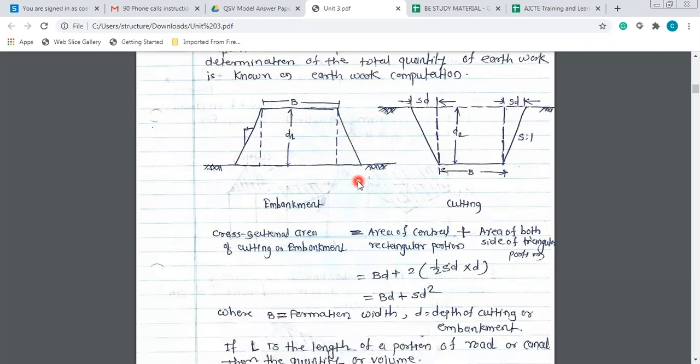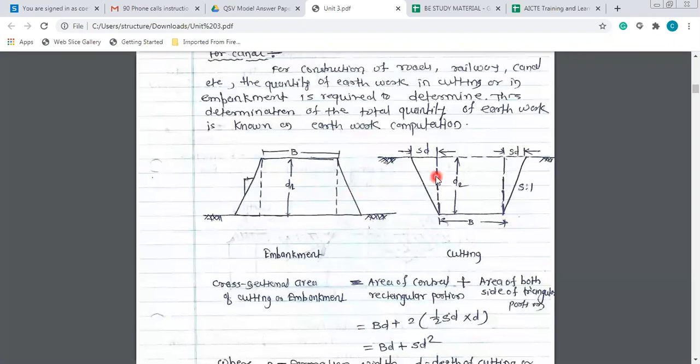You can divide this trapezoidal section into parts. The first part will be a rectangle having some particular width and depth, and the remaining two parts of the trapezoid you can consider as triangles, exactly right angle triangles.